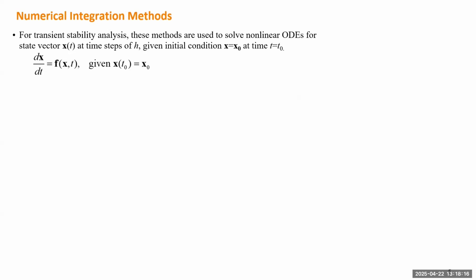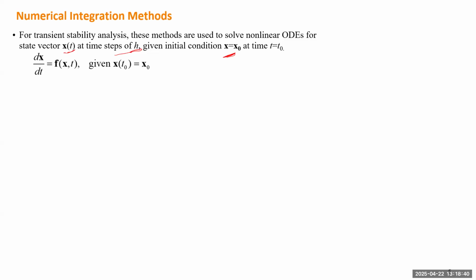Assume we want to solve the state vector x(t), at time step h, which can be a very small time step. For power systems, usually that can be a millisecond for transient stability simulation. And we need to know the initial condition.